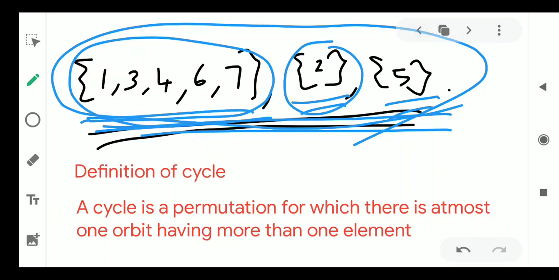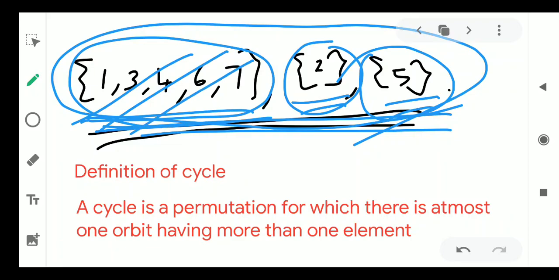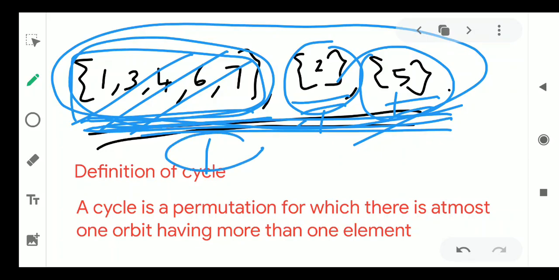How many here? 1 element. So mu is a cycle because there is only one orbit containing more than one element; the others have only one element.